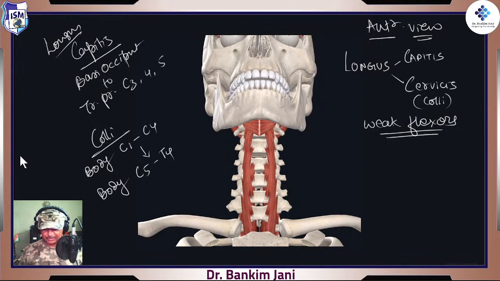So these muscles work from C1 to C4 and are on the body. That's why, again, small muscles, so they are all collectively weak flexors.